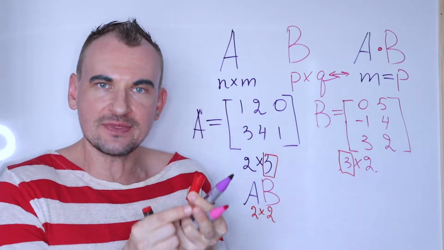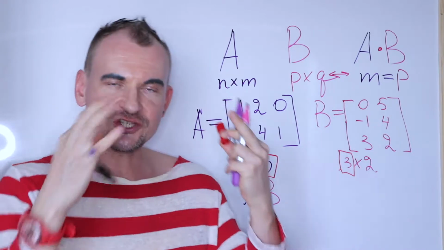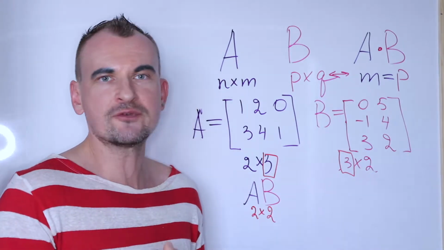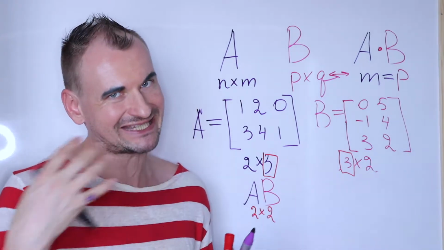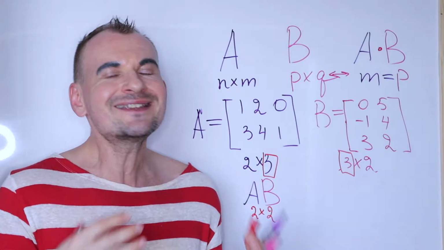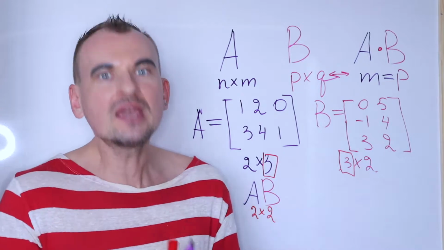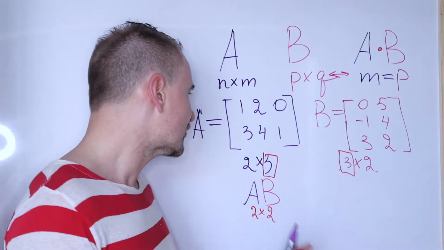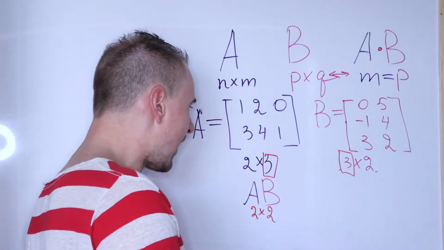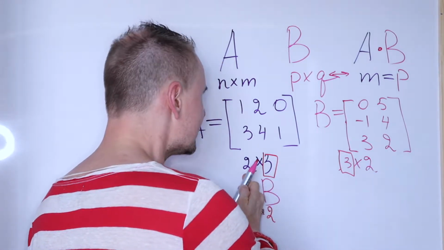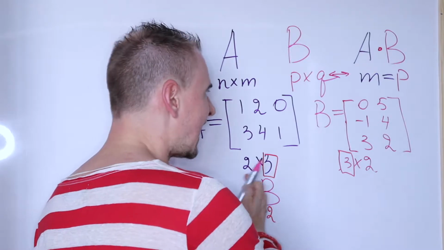If you change the order, generally speaking, the result would be different. So multiplying matrix A by matrix B is generally different from multiplying matrix B by matrix A. In this case, if I multiply matrix B by matrix A, the product does exist.